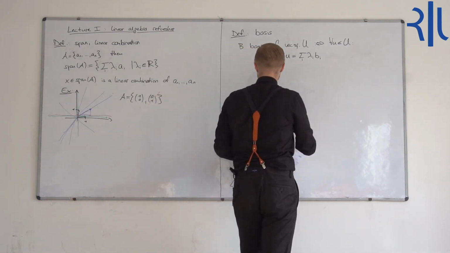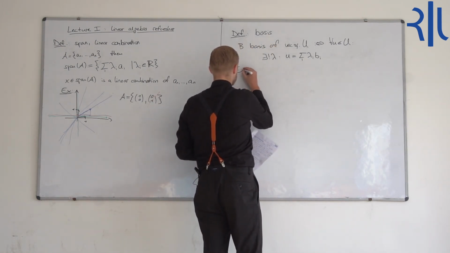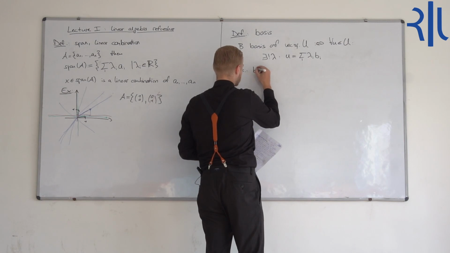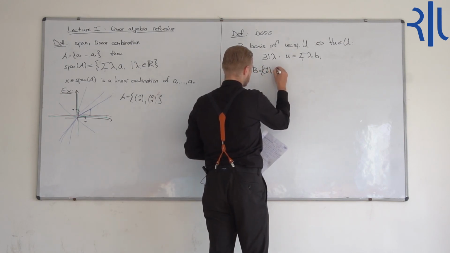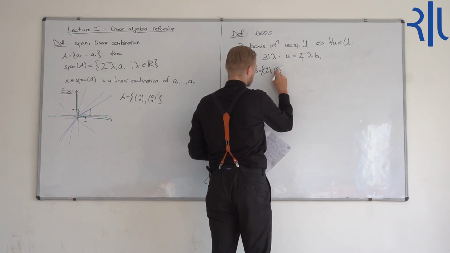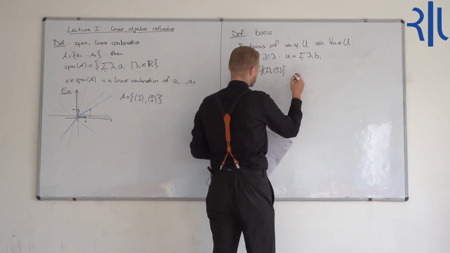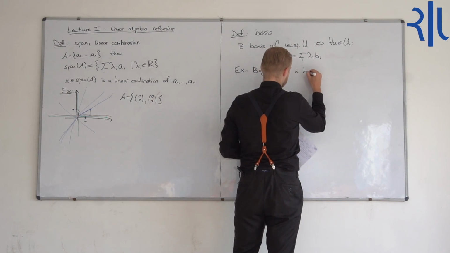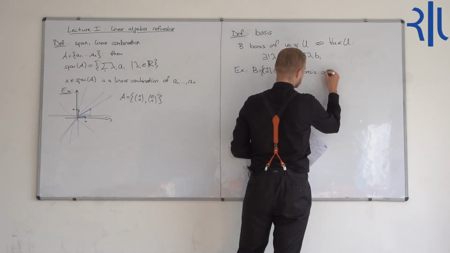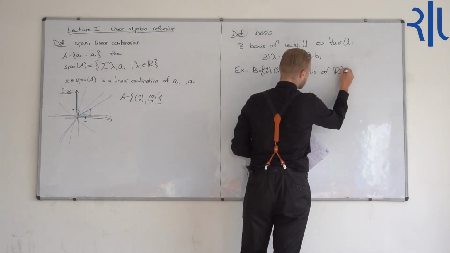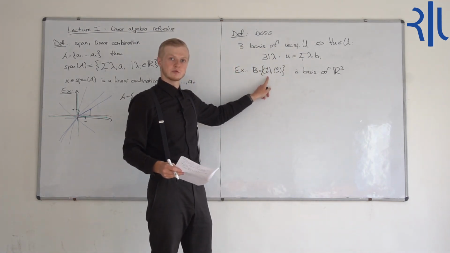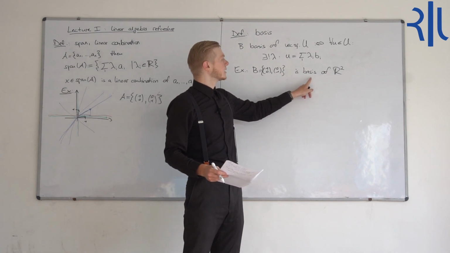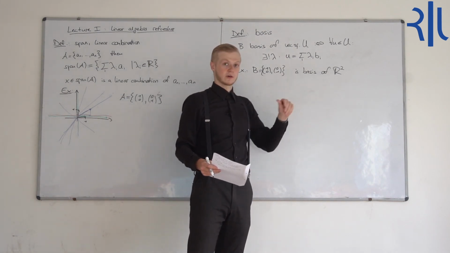So for example, the set of the two unit vectors in R2 are a basis of R2.